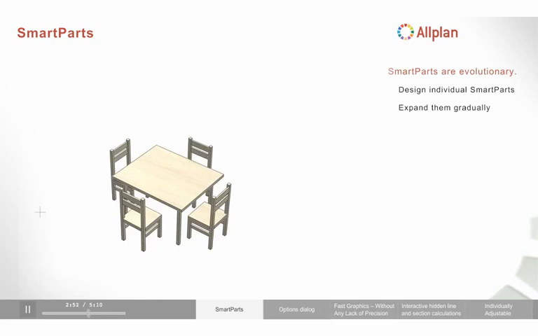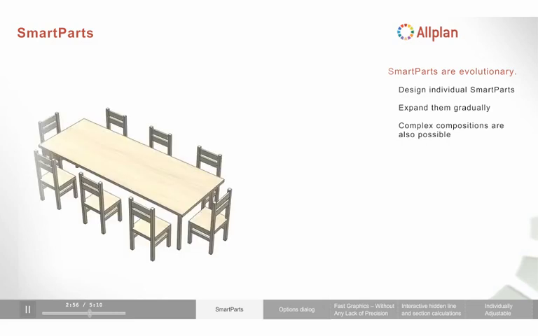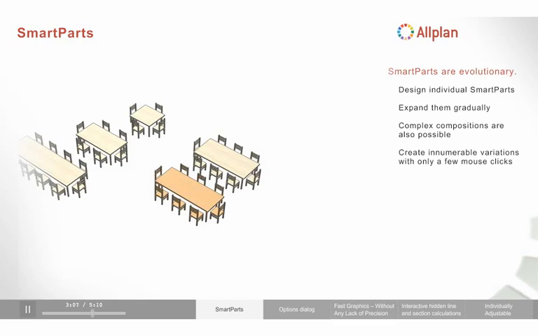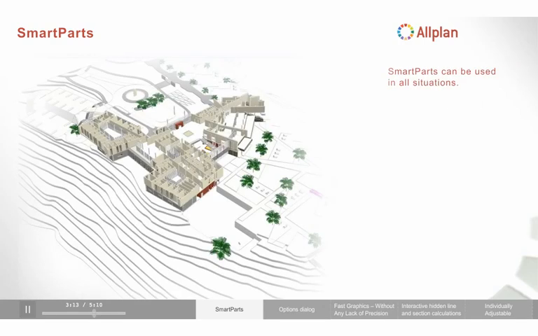In this way, you can create your own customized SmartPart step by step. It is also possible to create complex compositions thanks to the integrated script language. Allow your ideas to continuously develop and create innumerable variations, irrespective of whether they differ by dimension, number of objects, or surface. You can rely on CAD objects and symbols every day to create your projects.